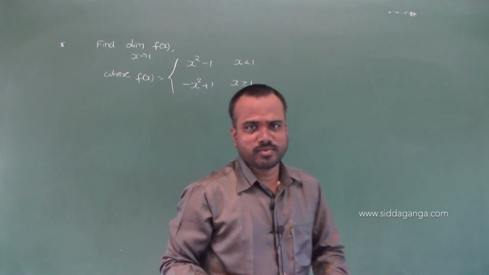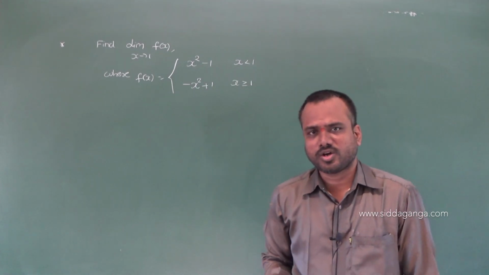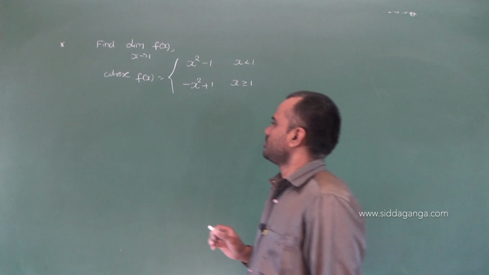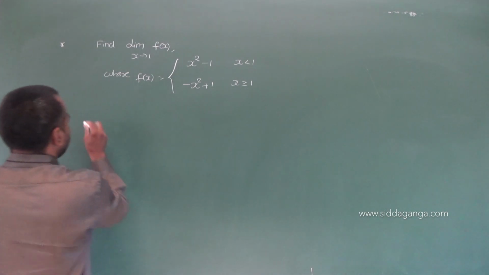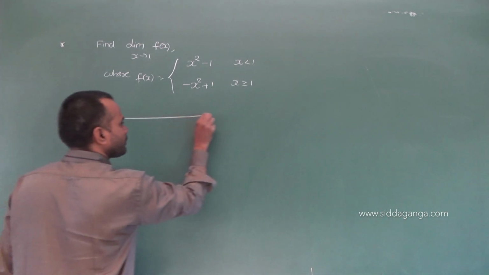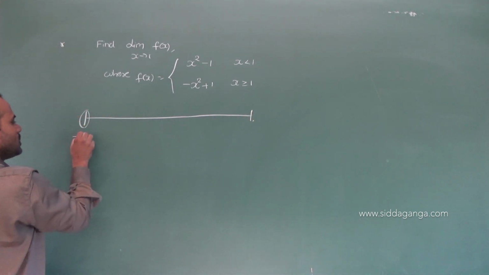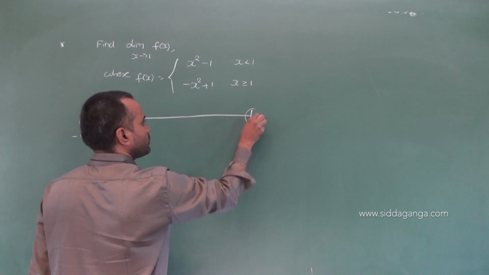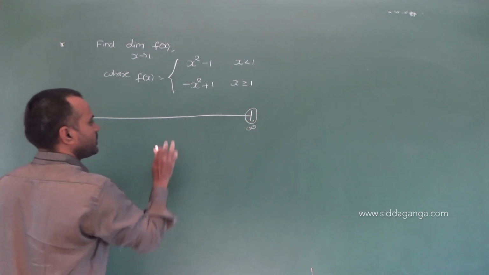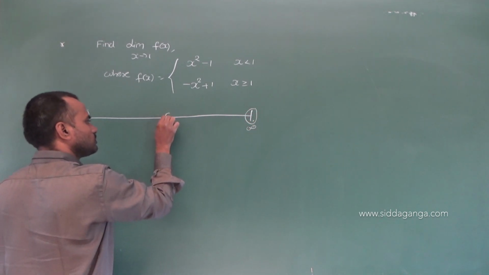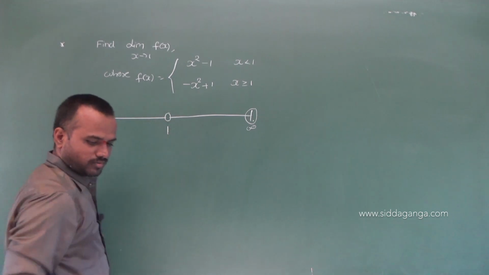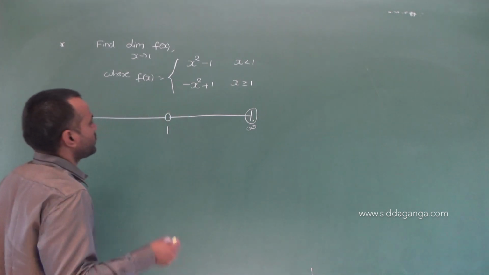Again, if I draw the number line, it is from minus infinity to plus infinity. The domain is 1.